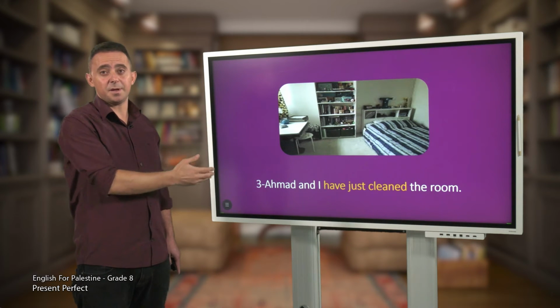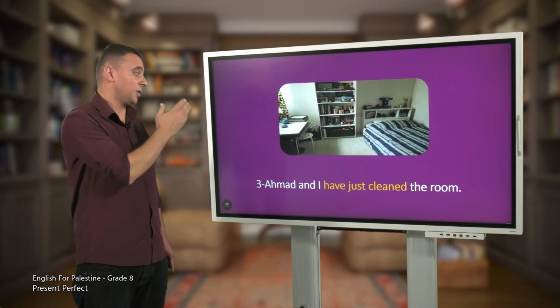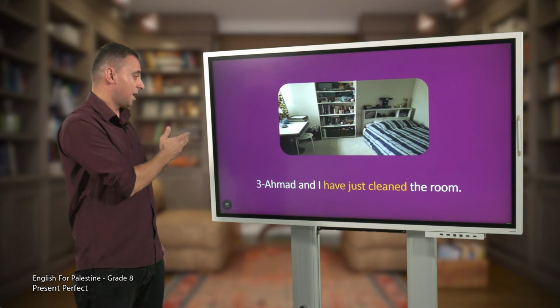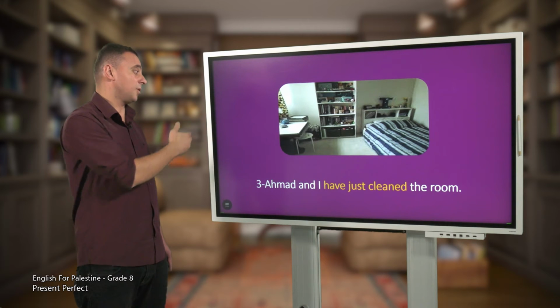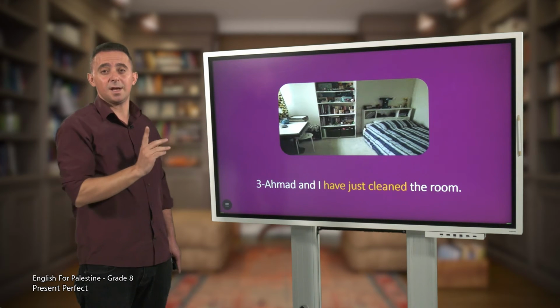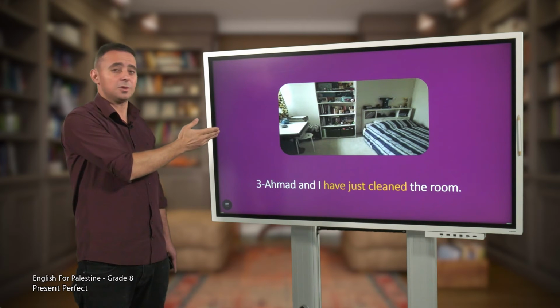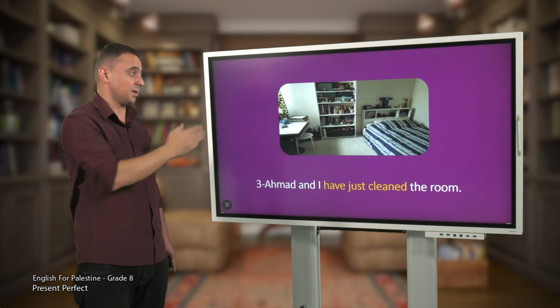This is a present perfect. And just is also in the middle between have and the past participle. Notice the subject, Ahmed and I, which is plural. That's why we follow it with have, not has, and then just, and after just we include the past participle of the verb clean, which is cleaned.